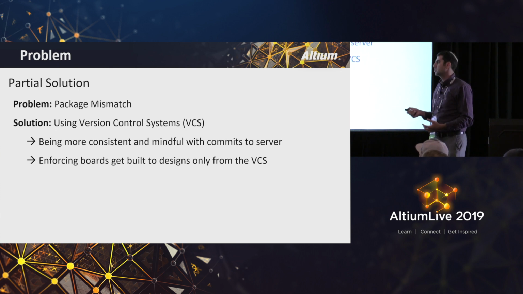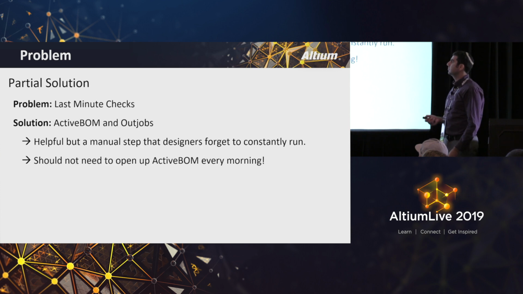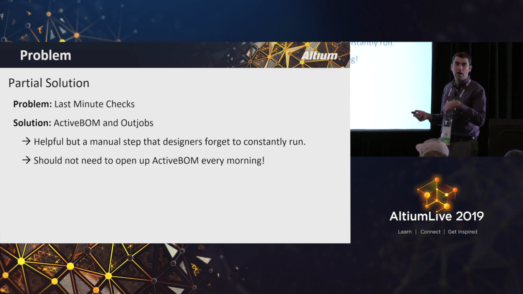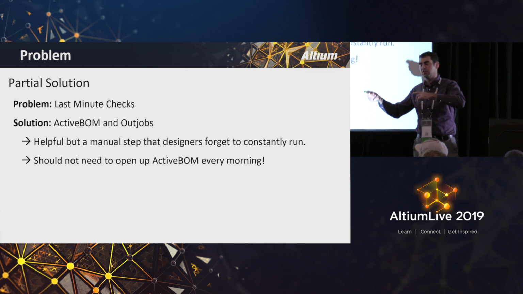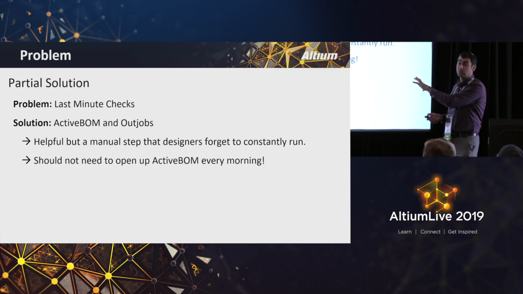But especially when you talk about scaling, and if you don't have a lot of time to create all these processes, what if you just remove the human out of that element? Last minute checks. There are things, and David's going to talk about it, the active BOM, the output jobs, being able to check your parts in stock with Octopart and the active BOM is extremely helpful, and that's the baseline for what we're doing.